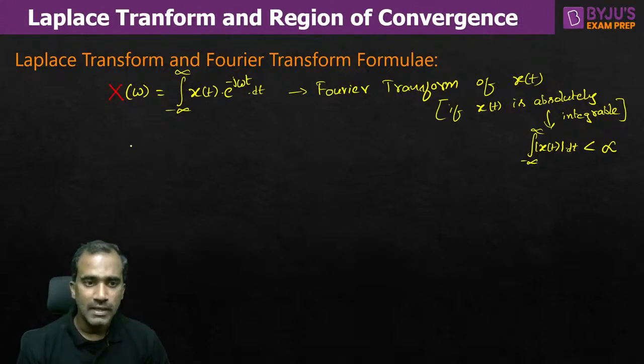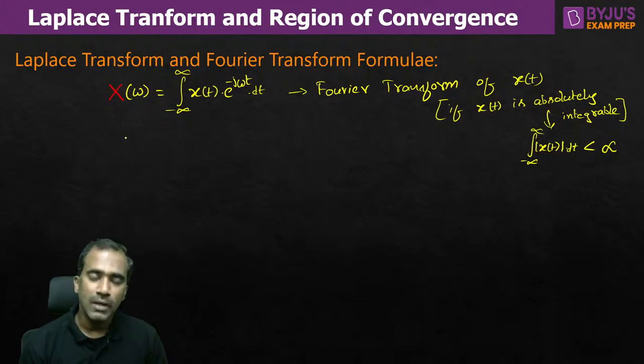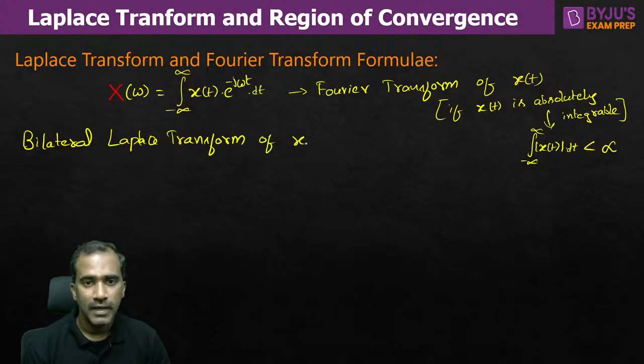Now let us quickly learn the Laplace transform formula. Sir, Laplace transform means, just now you told bilateral and unilateral. What Laplace transform are you talking about? Yes, let's talk about both of them. Let's talk about the bilateral Laplace transform of x of t.